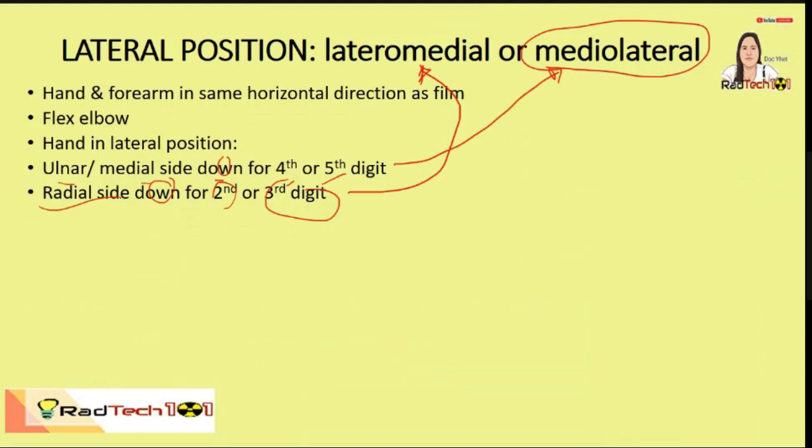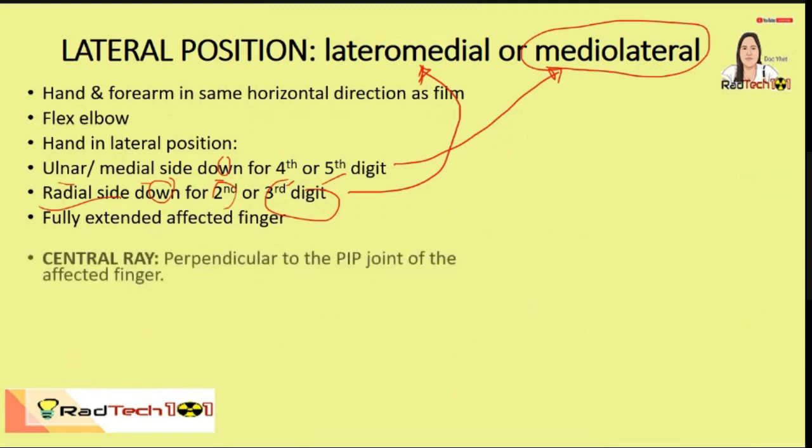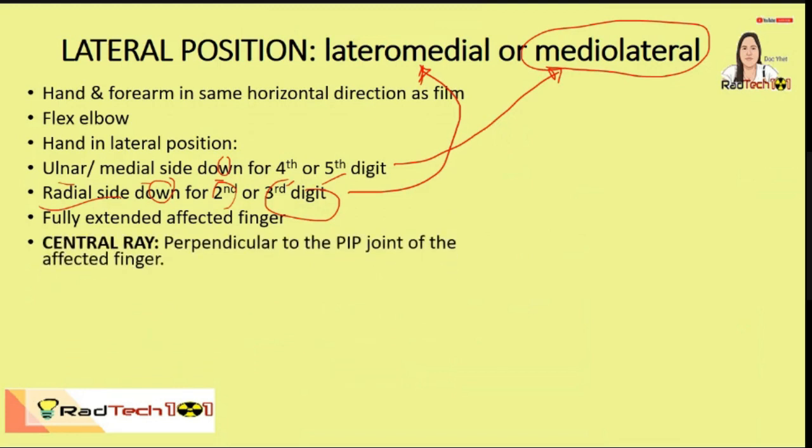So if you try to position your hand, so mas madali siya for patient. So again, fully extend the affected finger para iwas ang superimposition. Central ray, the same pa rin katulad ng ating PA projection. So perpendicular sa pip joint, kaya lang nakalateral lang yung ating digits.